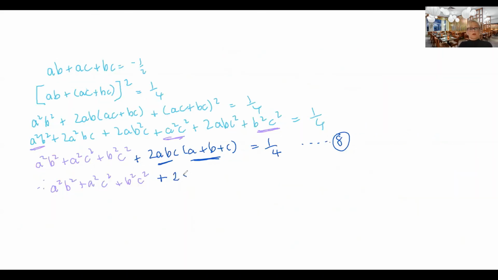So 2 times a 1/6 times A plus B plus C was just 1, and that all equals 1/4. 2 times a 6 is a 1/3. So this stuff is going to be 1/4 minus 1/3, which is negative 1/12.